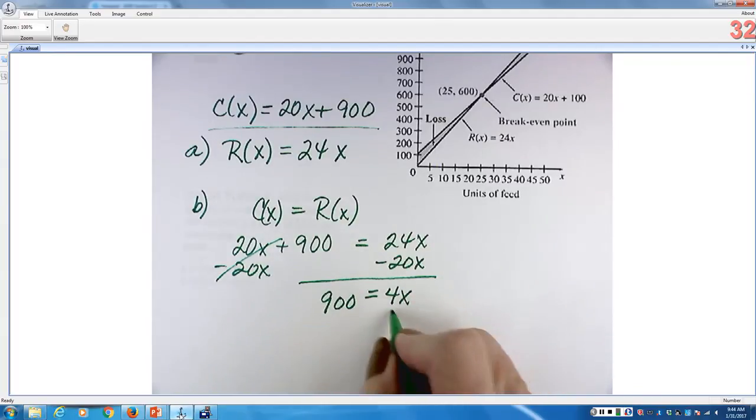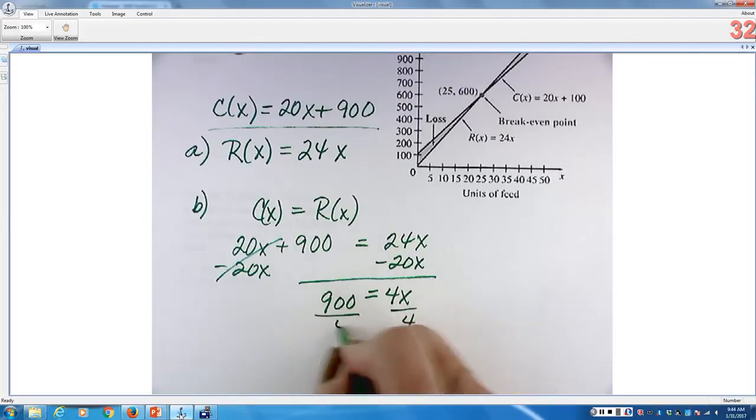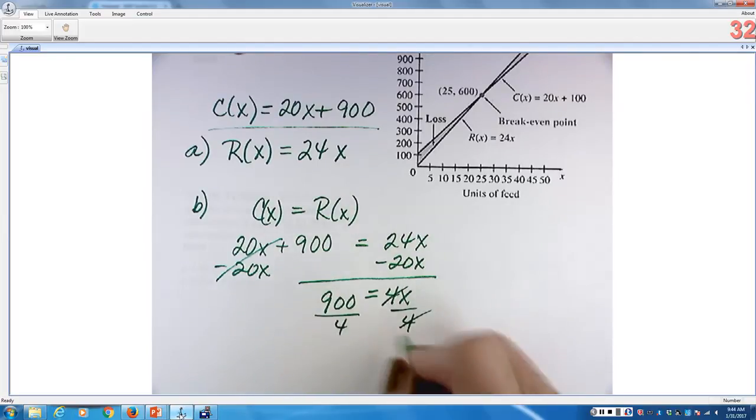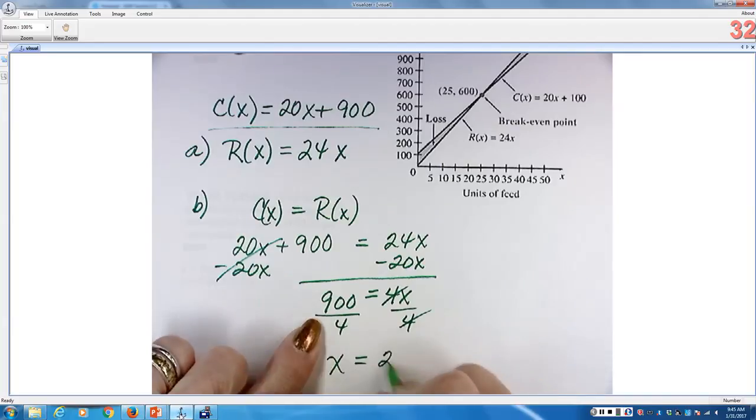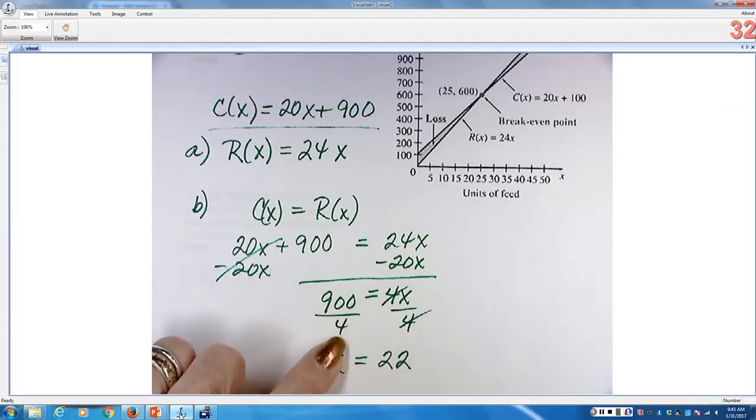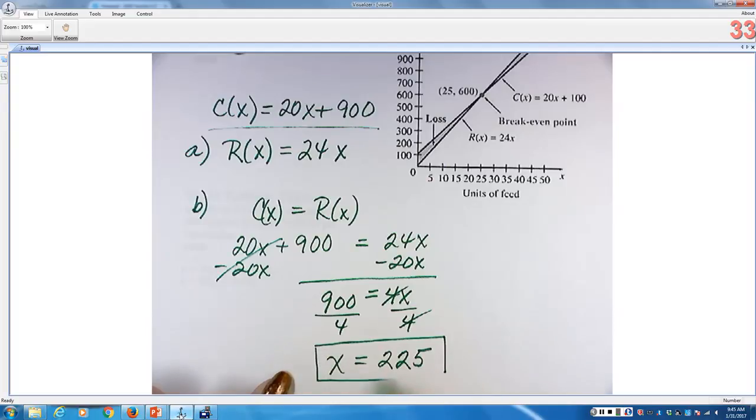And then if we divide both sides by 4, x is equal to 225. 4 goes into 9 two times with 1 left over, 4 goes into 10 two times with 2 left over, and 4 goes into 20 five times. So when they make 225 units, they will break even.